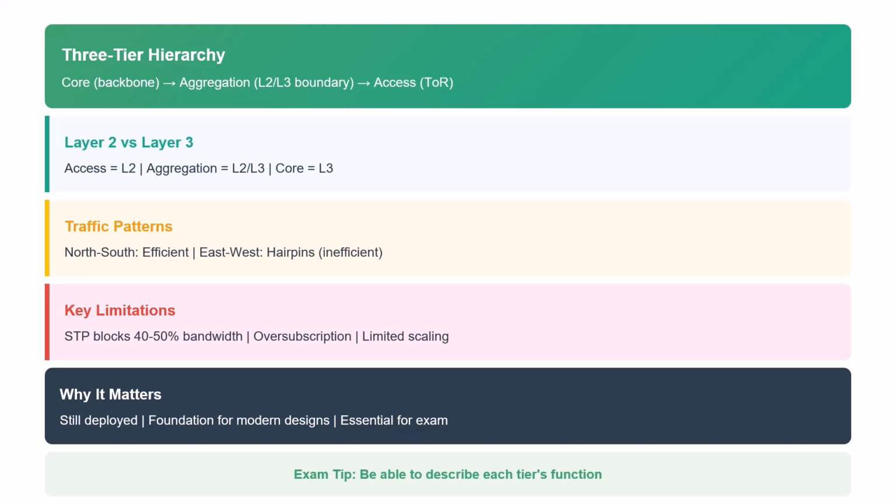Second, understanding traditional designs helps you appreciate why modern architectures like IP fabrics with spine-leaf topologies were developed, which we'll cover in another video. And third, hybrid environments are common. You might have traditional architectures at the core with modern leaf-spine pods for new workloads. The Juniper Data Center exam expects you to understand this foundation before moving to more advanced concepts.